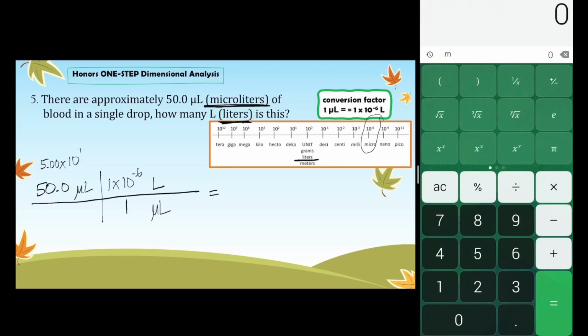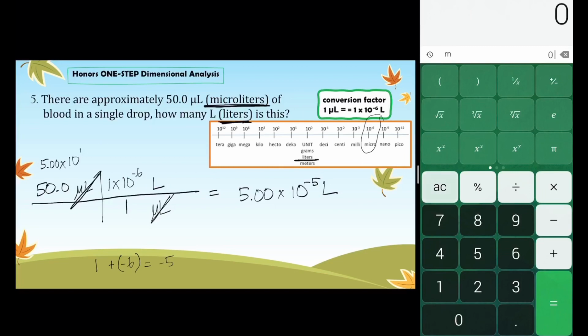So 5.00 times 10 to the, can you do the exponent calculation? We're multiplying, so that means we're going to add the exponents. 1 plus negative 6 equals negative 5. So that would be our exponent, negative 5 liters. Let's make sure our units cancel, and they do.